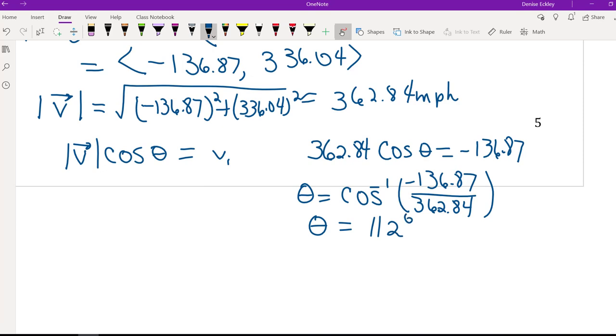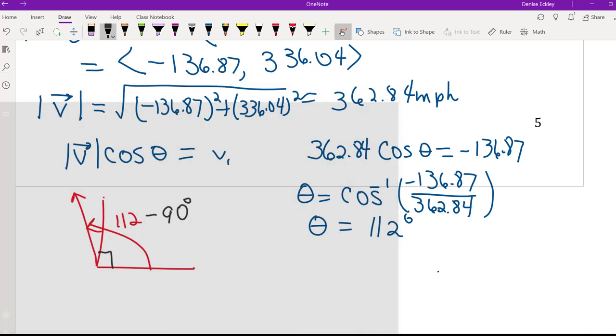Now remember that 112 degrees is going to be from the x-axis, over here. So we have to subtract off this 90 degrees because we want the bearing, oops, I'm so sorry.